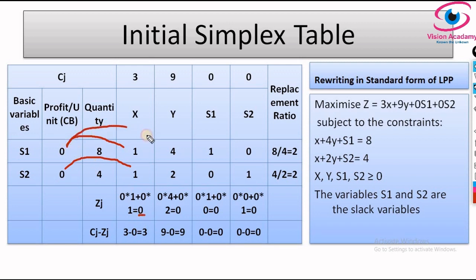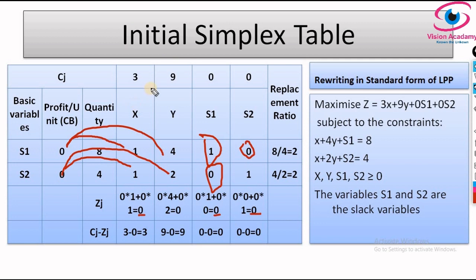Then 0 into 4 plus 0 into 2 is 0. Whatever you multiply by 0 would be 0, so in any initial simplex table the zj value will be 0. Also 0 into 0 plus 0 into 1 is 0. By multiplying and adding for each column, we have arrived at the zj values.